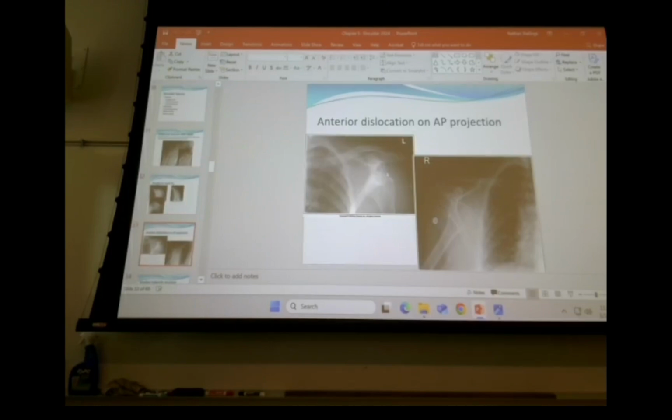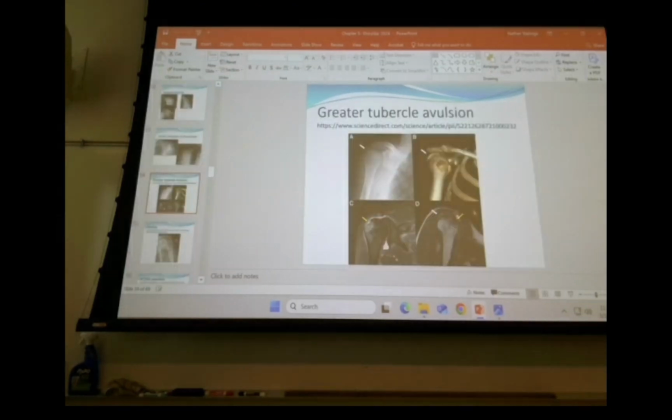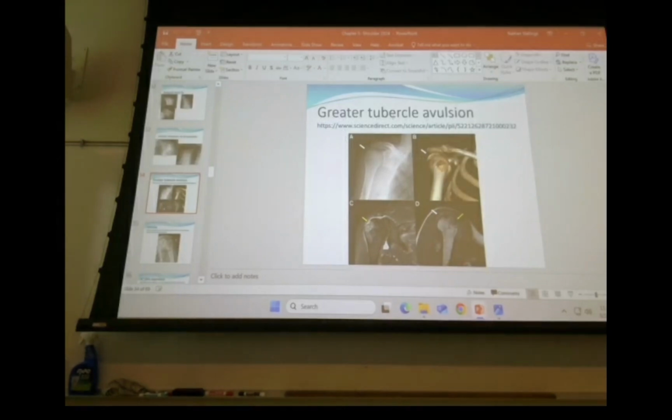So anterior dislocations, again, tend to be inferior. A lot of cases are going to be a little bit medial, like what you're seeing here. This is a little less medial, but it's still there. Greater tubercle avulsion fracture. I don't know that I've ever seen that in my clinical practice.